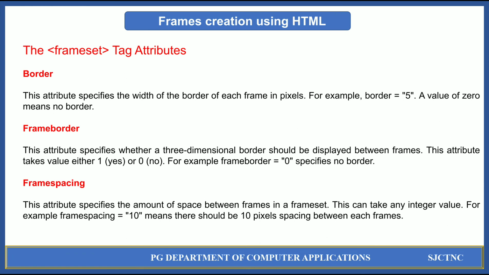Next one is the frame set attributes. Here we have the border attribute. This attribute specifies the width of the border of each frame in pixels. For example, border equal to 5. Then we can see a border.